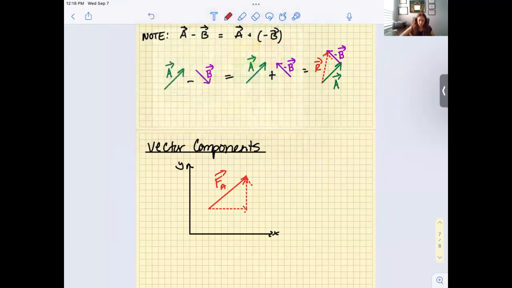So we could call this, for example, FA only in the X direction and FA only in the Y direction. So when you add, force vector A is made up of FAX plus FAY.